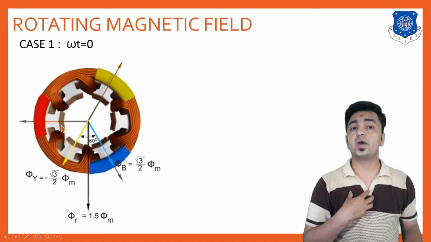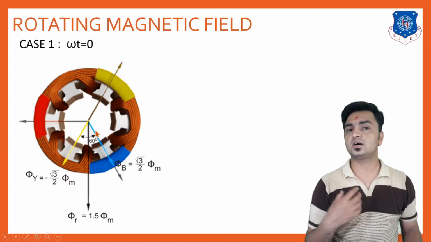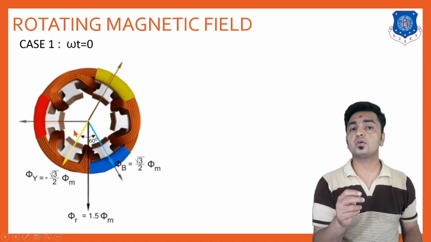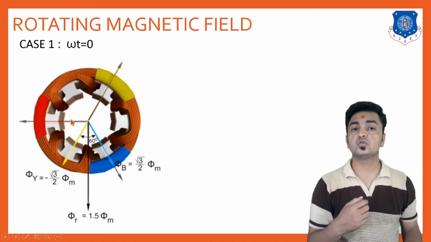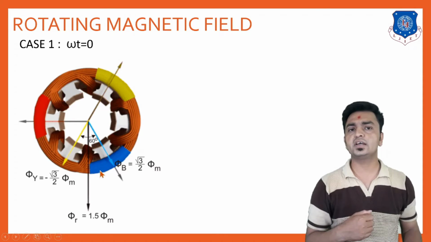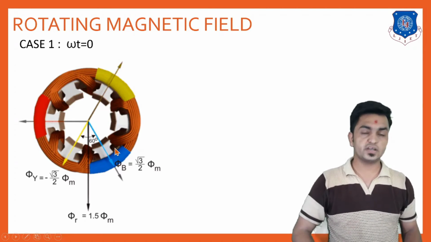Again, if you measure the angle in between these two, we know that the references for the R phase, Y phase and B phase have an angle difference of 120 degree. So this angle was 120, in the same way this angle was 120 degree, and this blue to this R phase was again 120 degree.